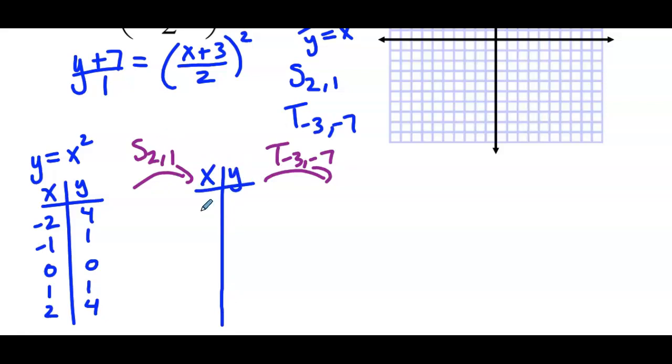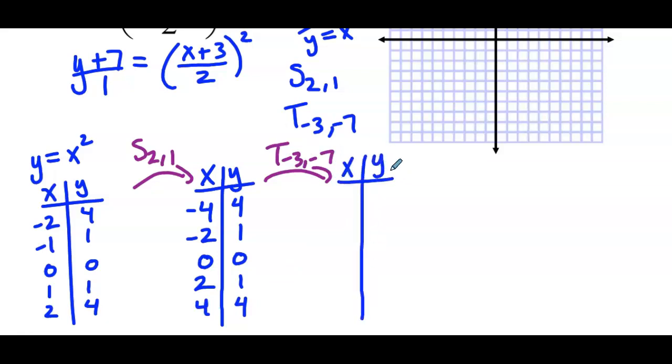Okay, so multiplying the x's by 2, y's by 1, we get negative 4, 4, negative 2, 1, 0, 0, 2, 1, 4, 4. And then applying our translation, we wind up with negative 7, negative 3, negative 5, negative 6, negative 3, negative 7, negative 1, negative 6, and 1, negative 3.